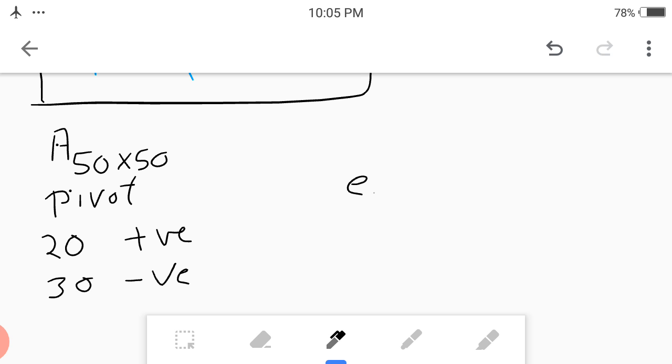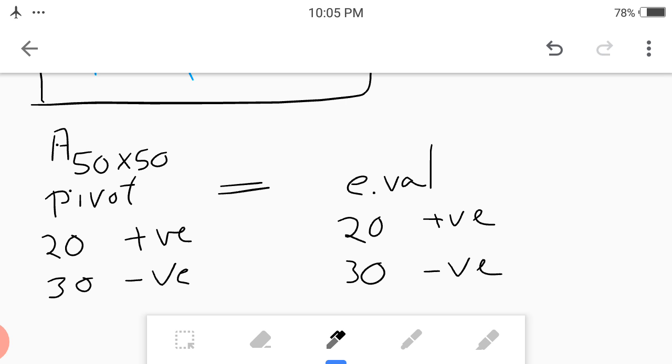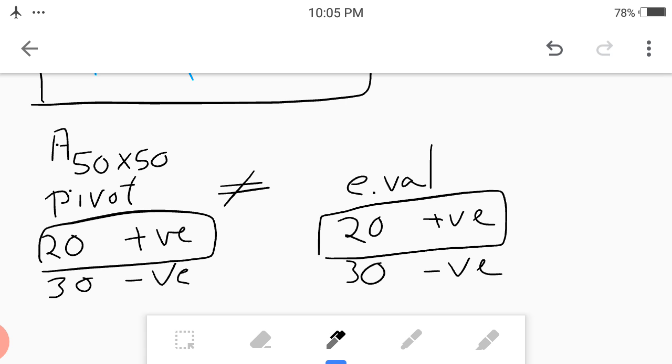That is, if you have 50 eigenvalues, 20 of the eigenvalues will be positive, 30 of the eigenvalues will be negative. Let me remind you, pivots and eigenvalues are not equal. The number of positive pivots will be equal to the number of positive eigenvalues.